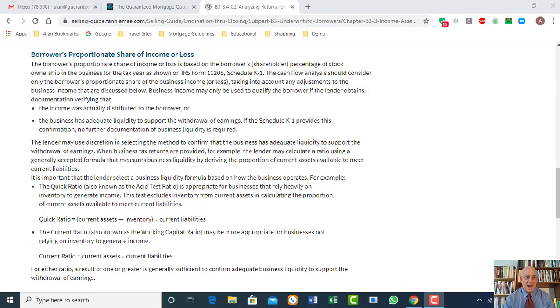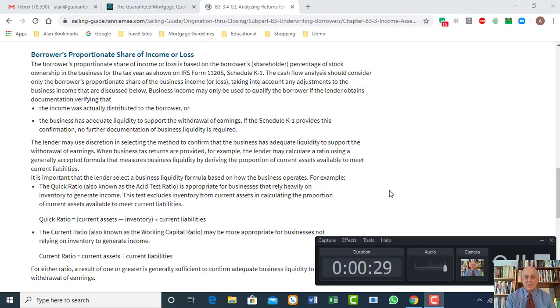And we can see here in the guidelines, looking at the borrower's proportionate share of income or loss, that a cash flow analysis should consider only the borrower's proportional share of the business income, taking into account any adjustments to the business income that are discussed below, so that the business income can only be used if the lender obtains verification that the income was distributed or that there's adequate liquidity to support the withdrawal of earnings if the Schedule 1 did not show that the income was distributed.